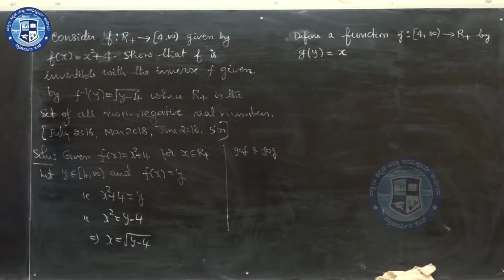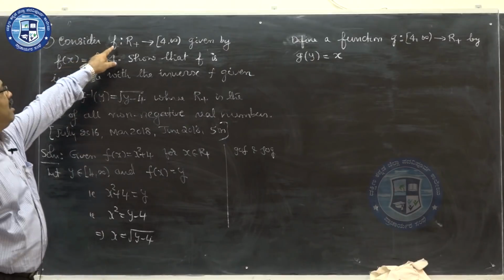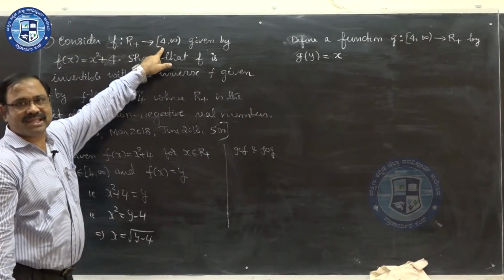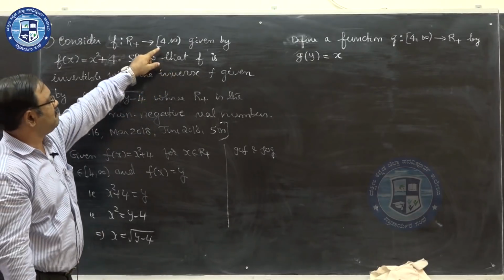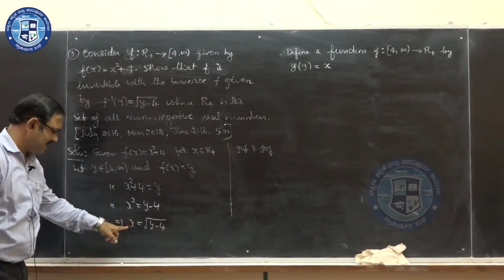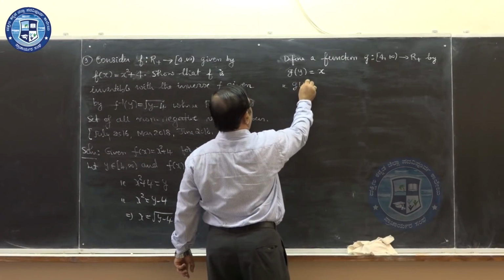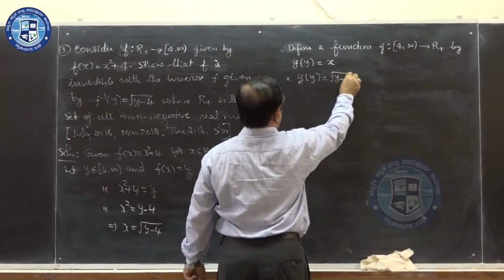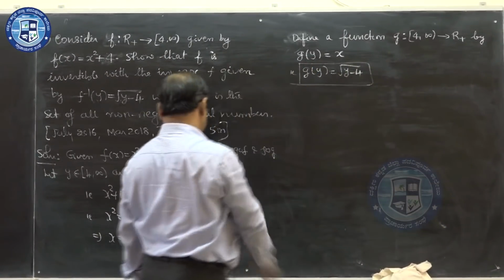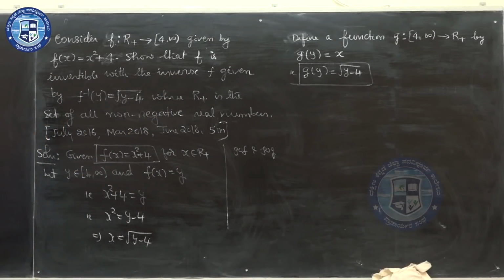You define a function g from 4 infinity to R plus. But what is x? That is g of y equal to root of y minus 4. So now I have got both the functions.